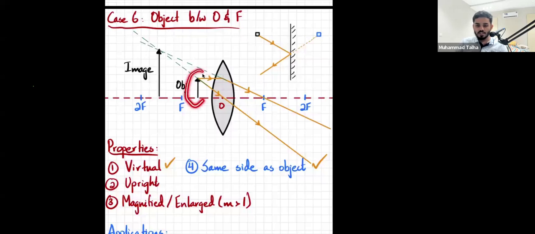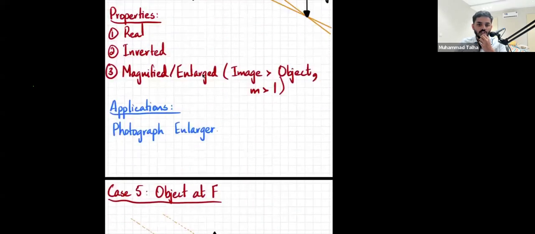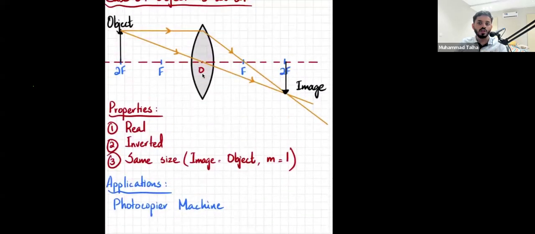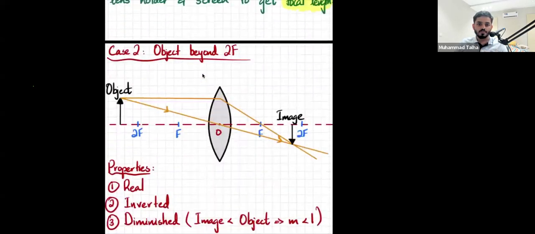This is where the object is here, right? And because of the virtual image formation, when we take those rays back as dotted lines, you have an image formed. This is the only one in which you have a virtual image on the same side as the object and an upright image formed. In the case of all real images here, all the images were inverted, if you see, right?